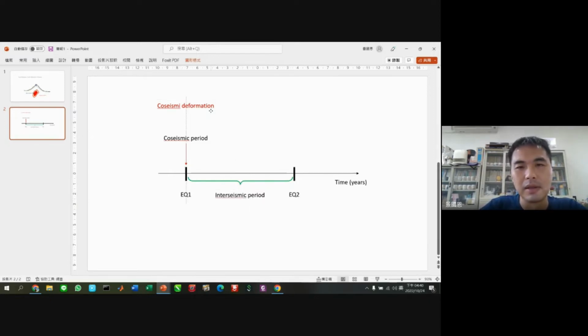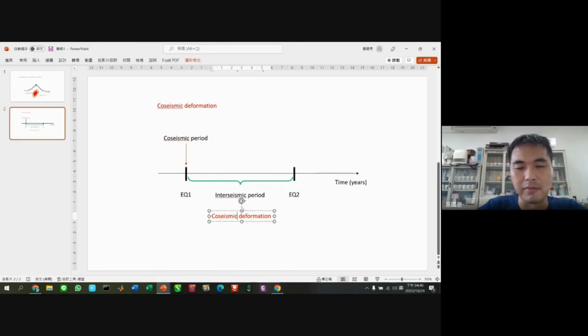And its related deformation is interseismic deformation.